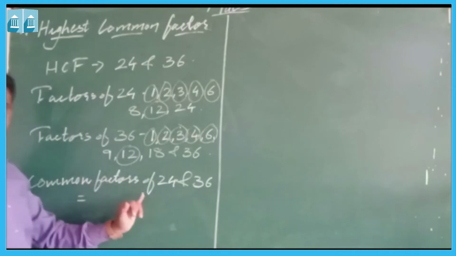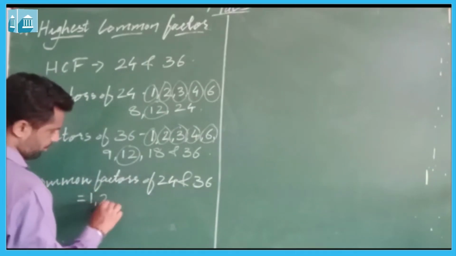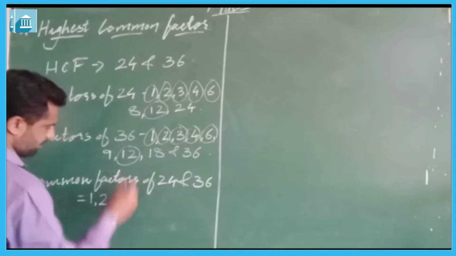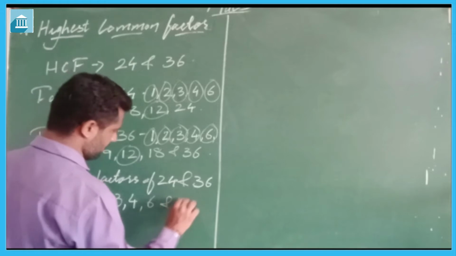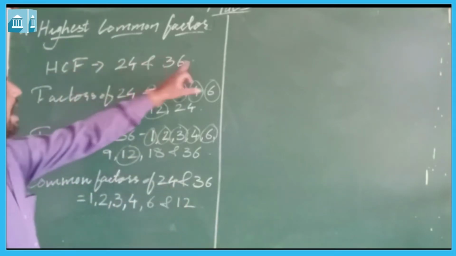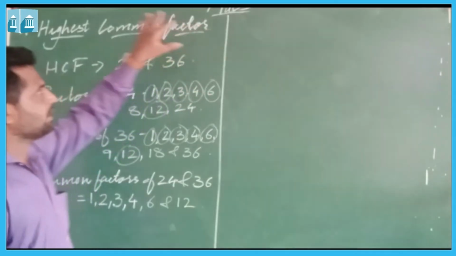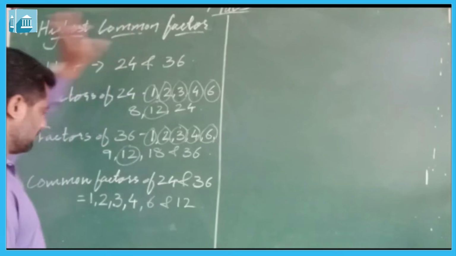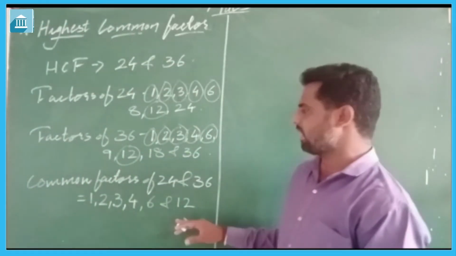So the common factors of 24 and 36 are 1, 2, 3, 4, 6 and 12. First we have to find the factors, then we have to find the common factors. Now we have to find the highest among these common factors.